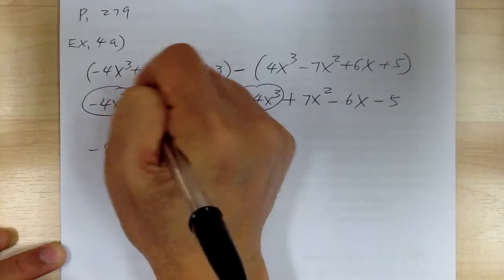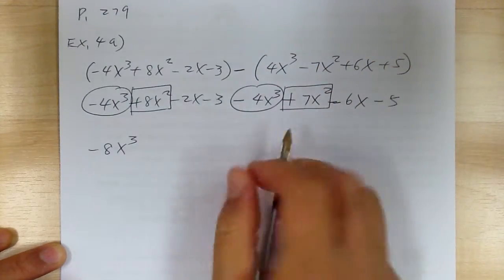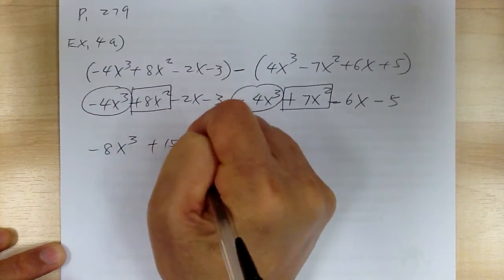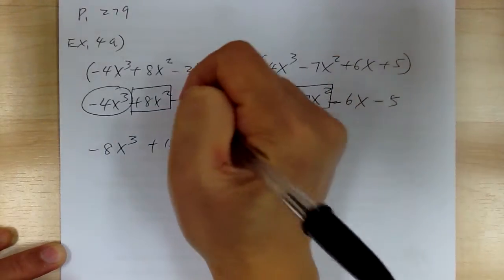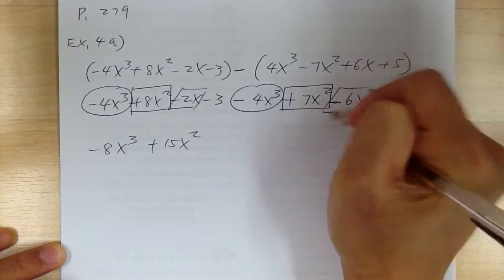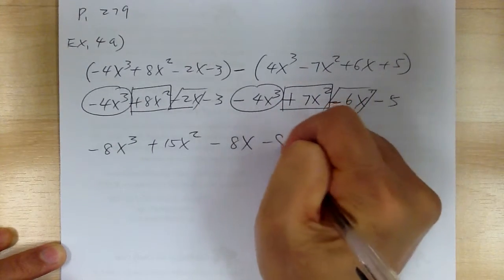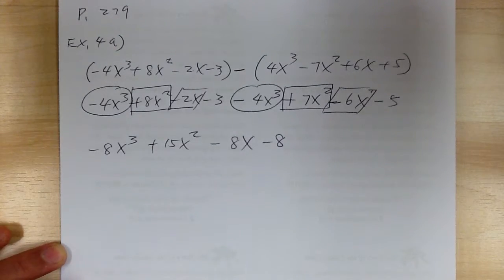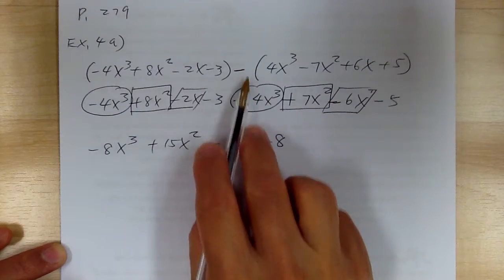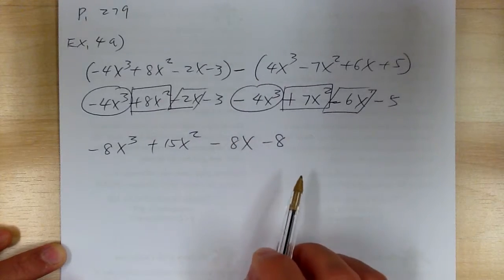Then do the squares: plus 15x squared. This one would be minus 8x, and the leftover would be minus 8. That's how you do the subtraction: first you need to change signs and get rid of the parentheses.